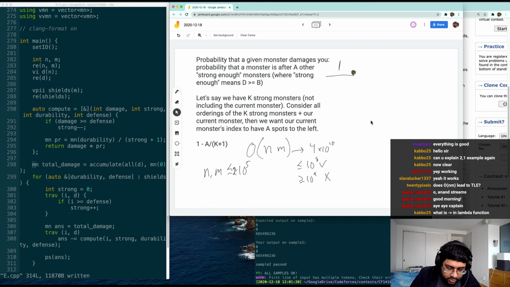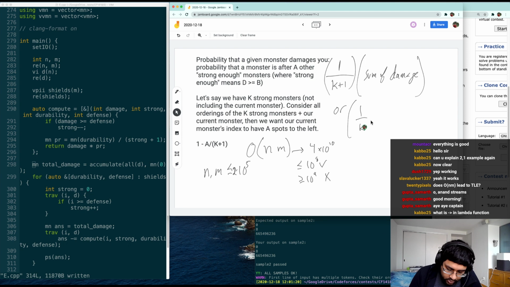You can factor out this 1 over. I guess I have a k over here, so I'll use that. So a given shield's expected damage saved is 1 over k plus 1 times the sum of damage. And there's a little bit of trickery here because some of the damages you want to.